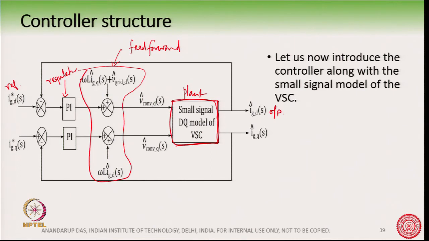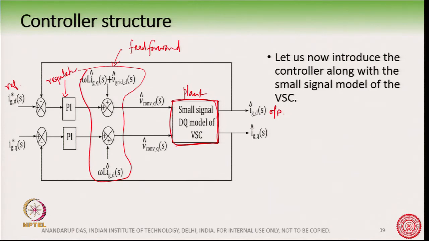The good thing about this plant is that it is a first order system. Okay. And because with the feed forward term we have ensured that the cancellation of this cross coupling term happens, the plant becomes a first order system. Okay. And that is a great benefit, because now we have full command of the control system, because we have a PI control and a first order system.